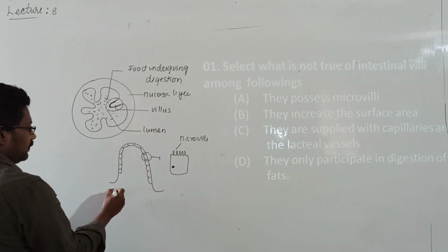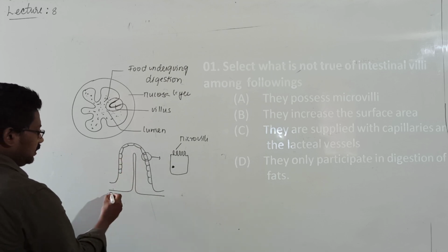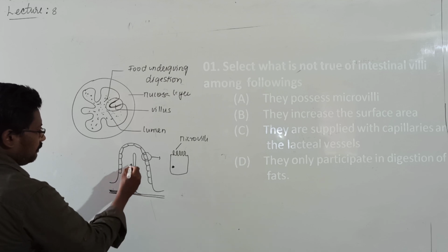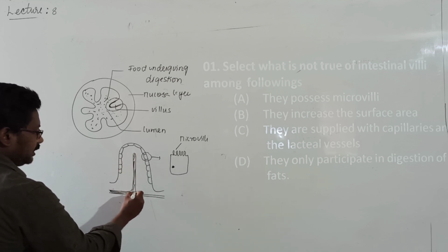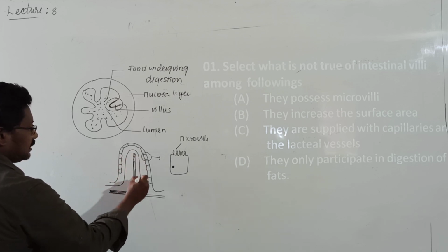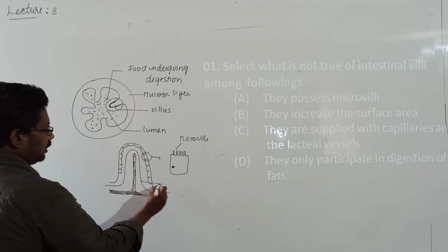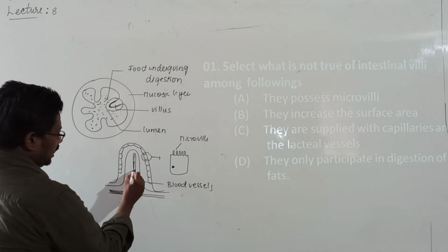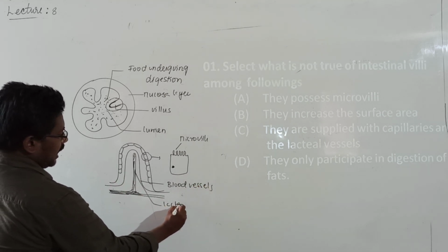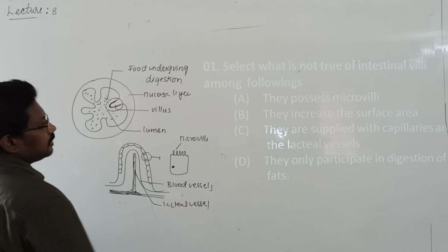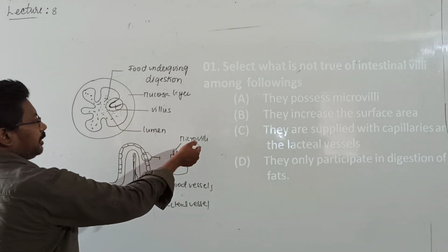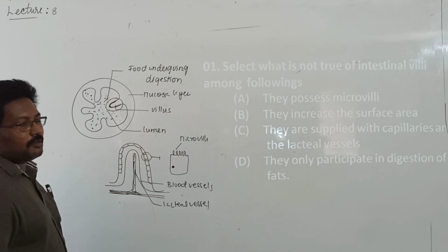And this will have a lacteal vessel which helps in absorbing the products of fat. So this is a lacteal vessel, and it also has an artery and vein. So I say these are the blood vessels, and this is a lacteal vessel. Okay, clear?